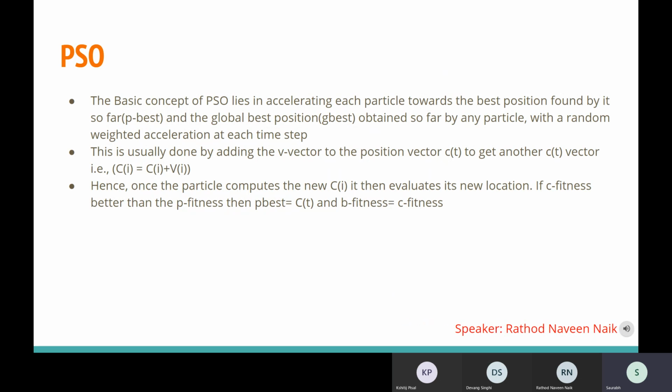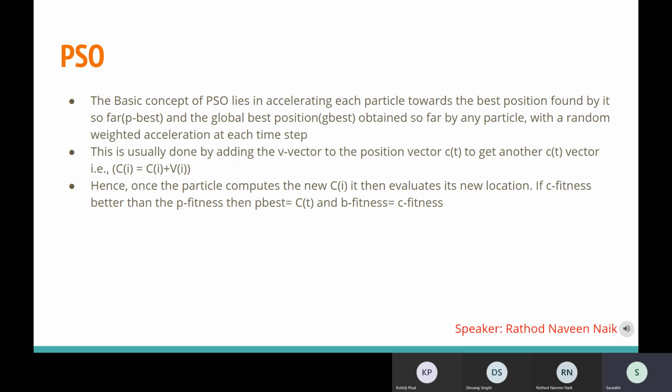In the whole process of particle swarm optimization, each particle will accelerate towards the global best from its particle best with a random allocation of weights. So the weights keep changing, getting the particles to reach their global best from their particle best. This accelerating of a particle is done by adding a velocity vector to the position vector to get the updated position vector.